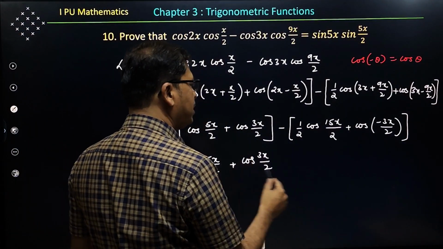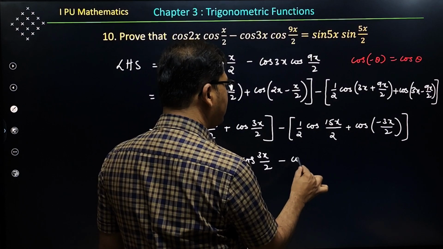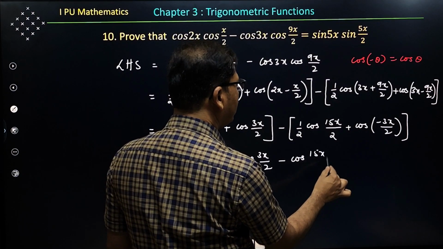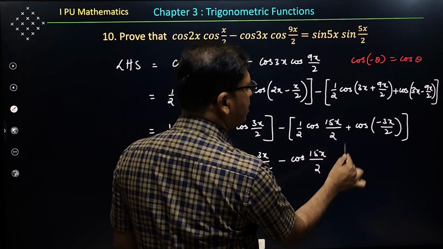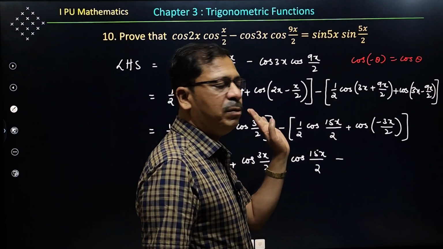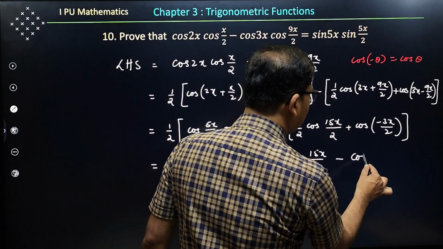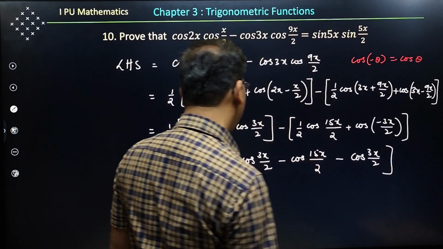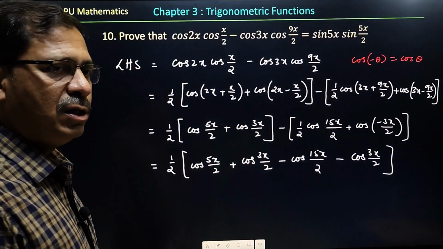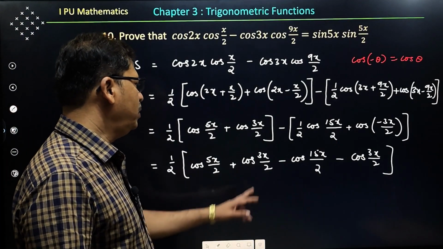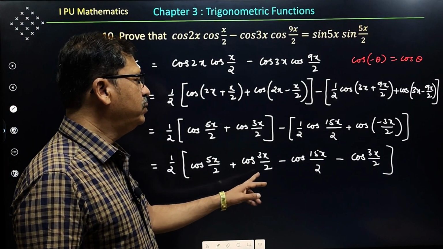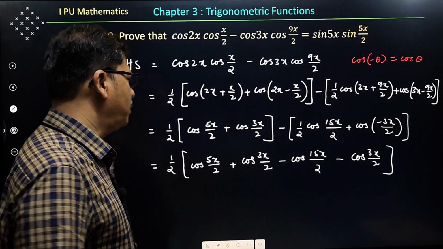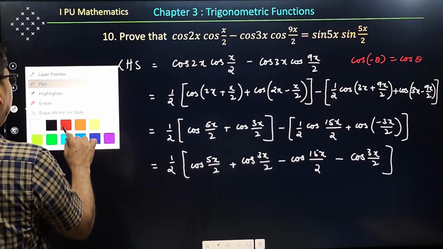1 by 2 is taken outside. So this becomes minus cos 15x by 2, and minus into plus is minus, and there is no effect of that minus sign, so you can write cos of 3x divided by 2 here. Be careful. Now at this stage, cos 3x by 2 minus cos 3x by 2, these two terms can be eliminated.